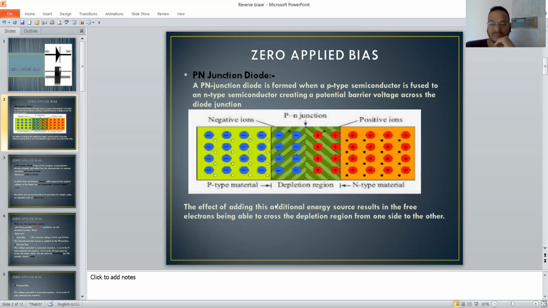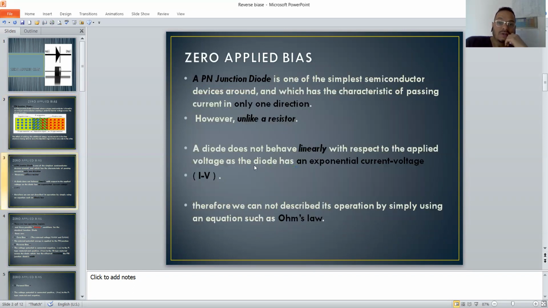Because the main element generating the electric field is the electrons. A PN junction diode is one of the simplest semiconductor devices, and a lot of universities take this topic, not just universities, but also high school and primary school.